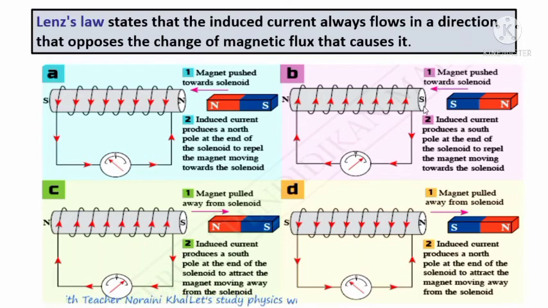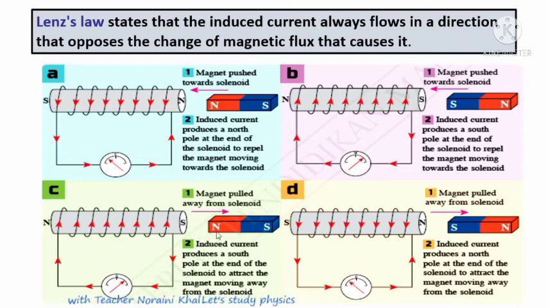So this end is south pole, direction of current is clockwise. So you continue to mark direction of current in the wire. You will find that direction of current in the solenoid is from left to right. Thus, the galvanometer pointer deflects to right.